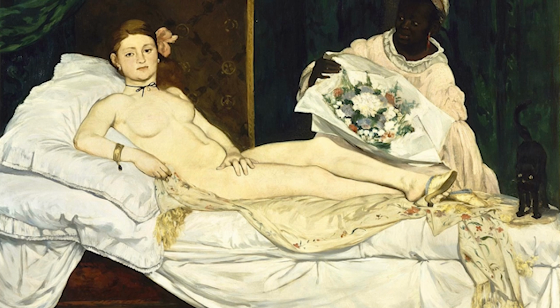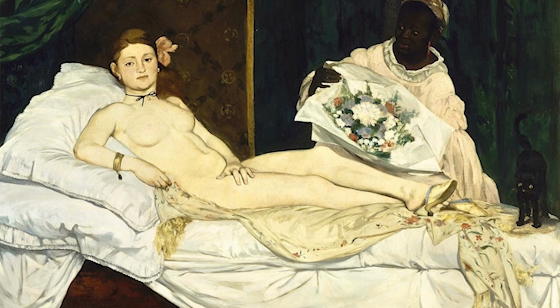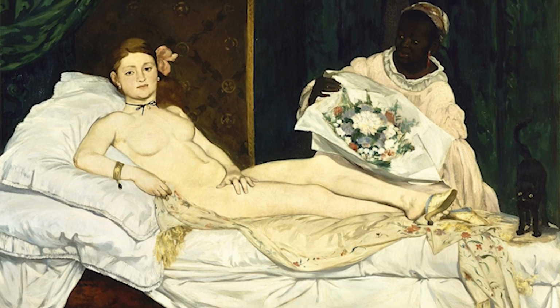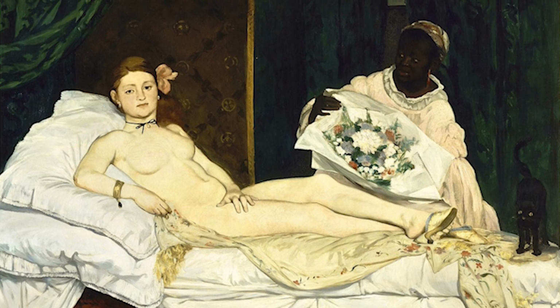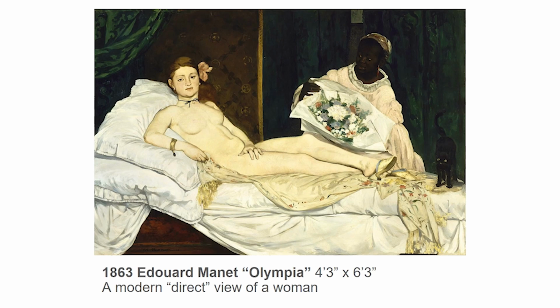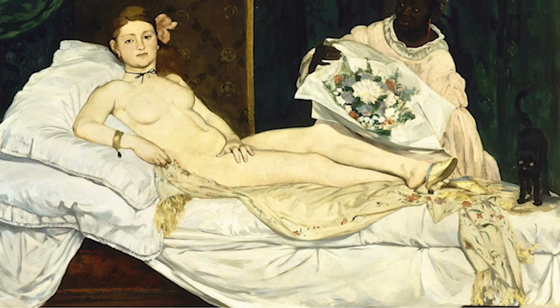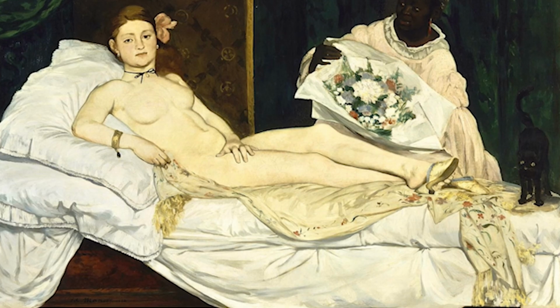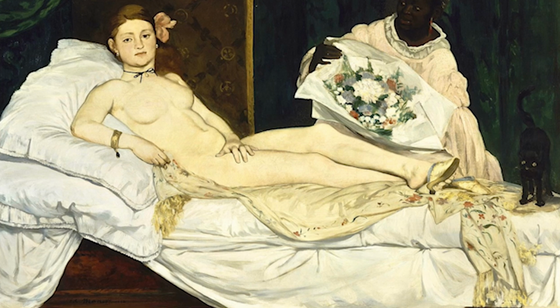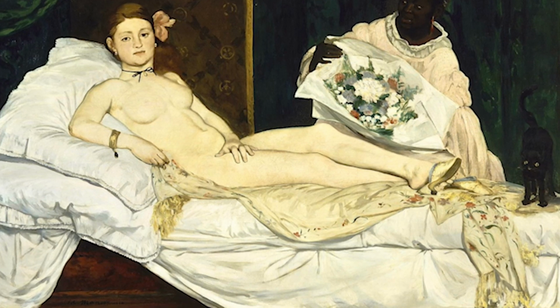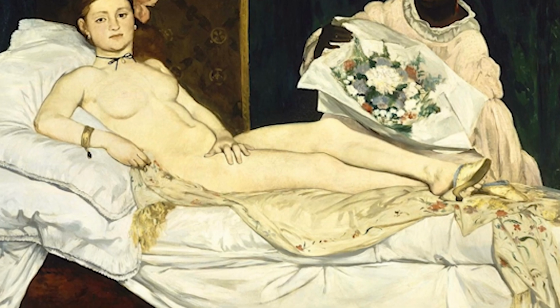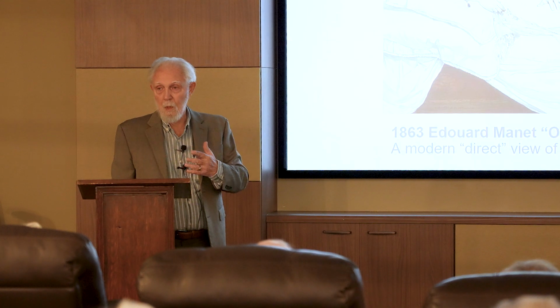Manet has a black cat there, and obviously he's really playing on this erotic overtone. And of course, you notice the irony of that title, Olympia, a Greek name, but basically what we've got there is probably a French prostitute. She's not represented in an ideal body type. He could have easily done that.